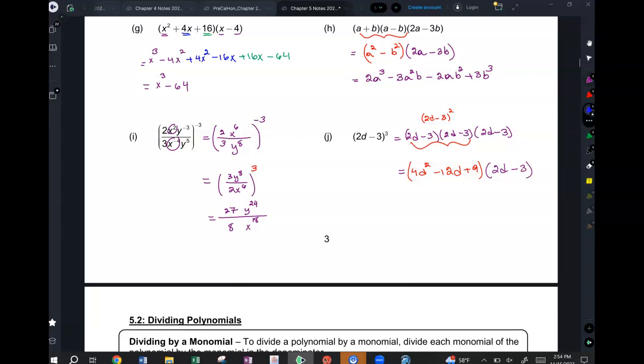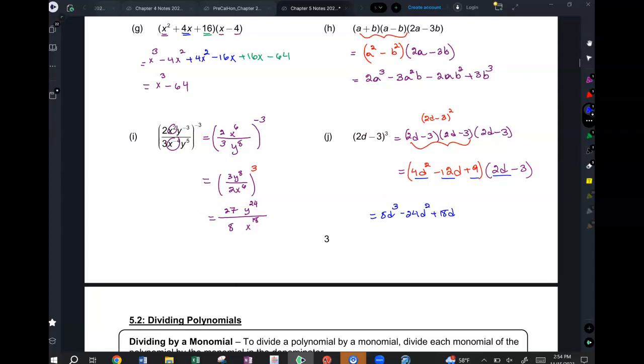Now for this one, I'm going to do it in the reverse order. I'm going to multiply 2d into this one, and this one. So I get 8d cubed minus 24d squared plus 18d.